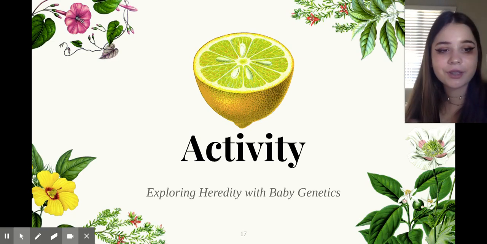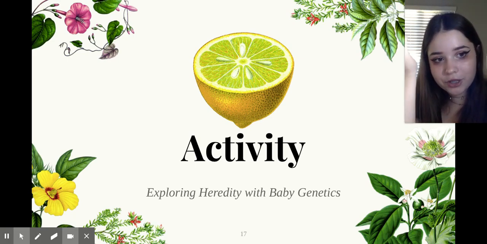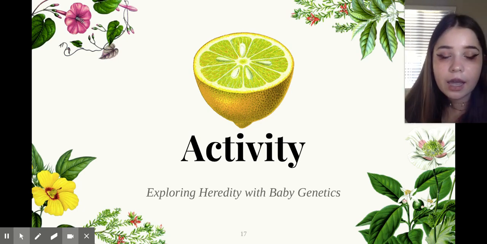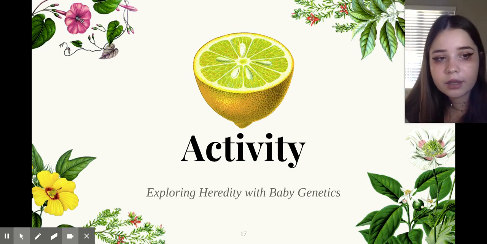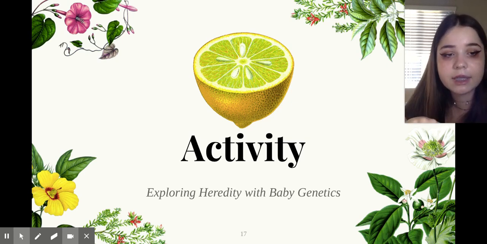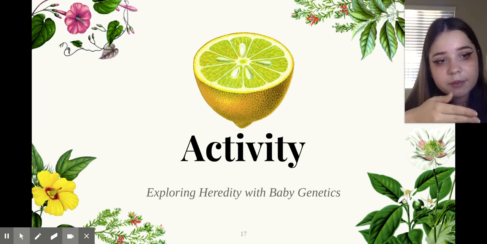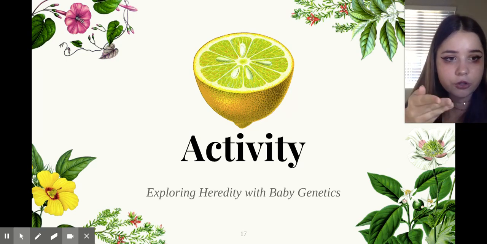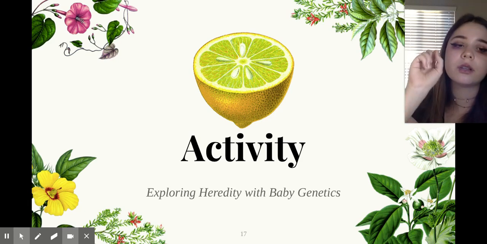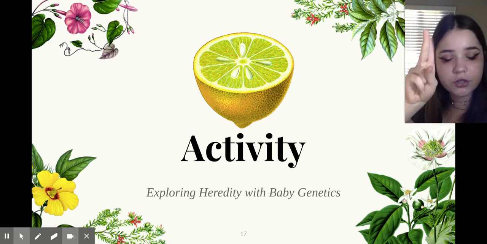There are so many different cases that happen in genetics, and I want to expose you guys to all the different ones. One more we need to go over is polygenic inheritance, and this means that the trait is determined by multiple genes. For skin color, you'll see that there are A genes, B genes, and C genes.